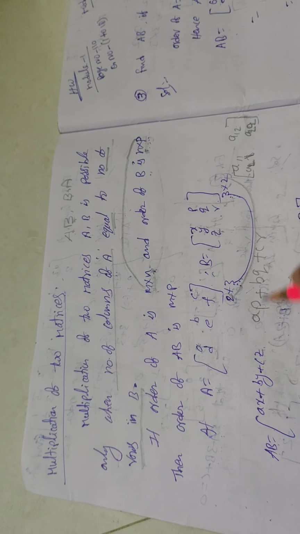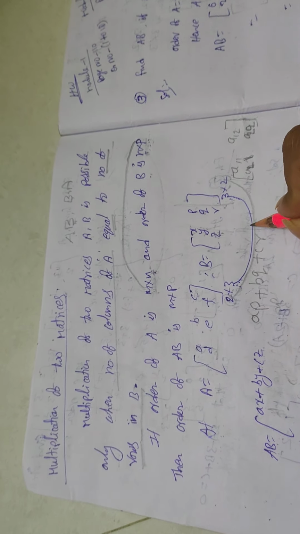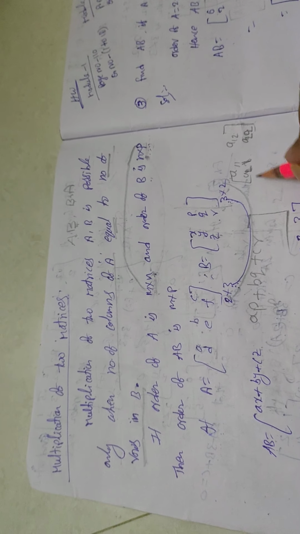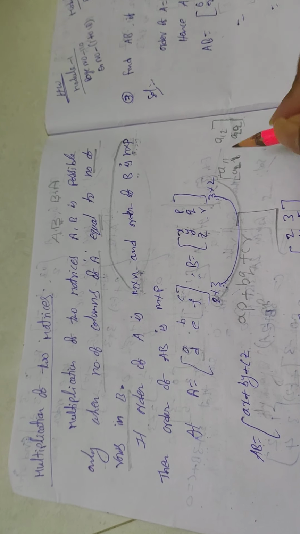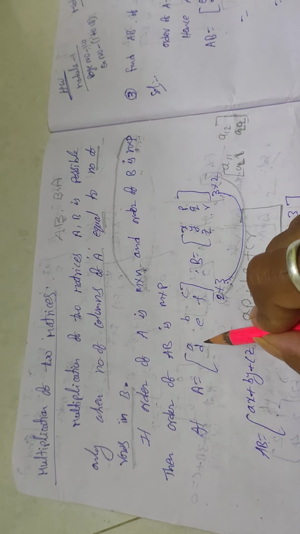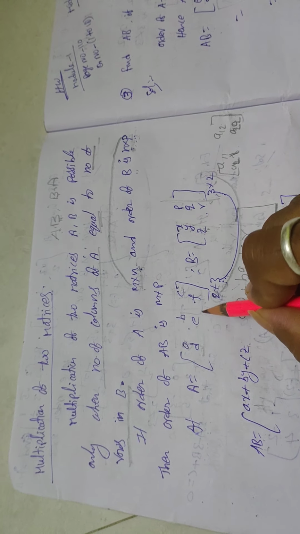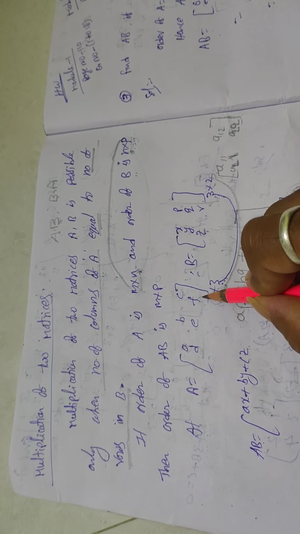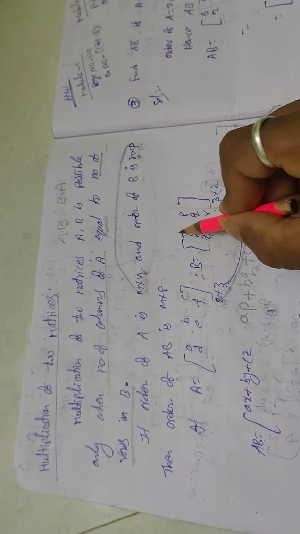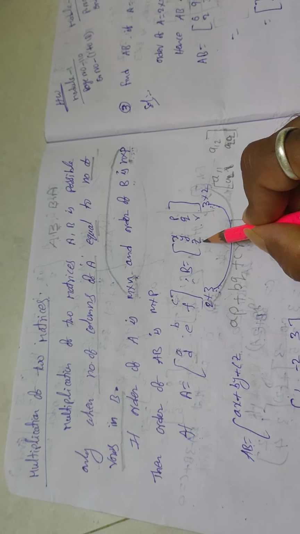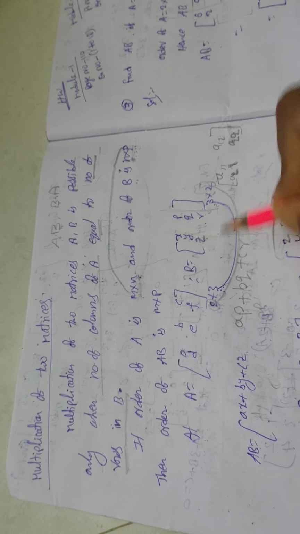Just you leave for the first row of the resulting matrix. Next, to get A21, how can you get A21? Sum of the product of the corresponding elements of the second row of the first matrix to the first column of the second matrix. Same procedure.